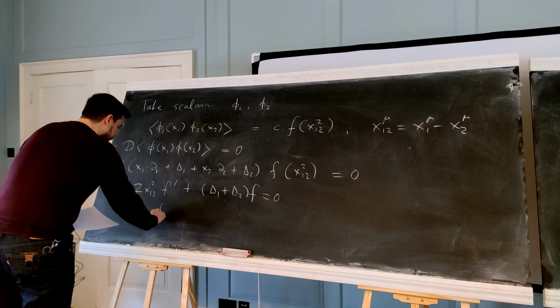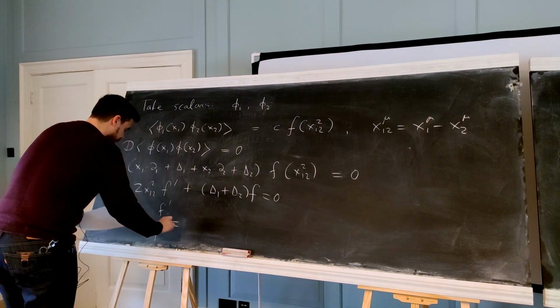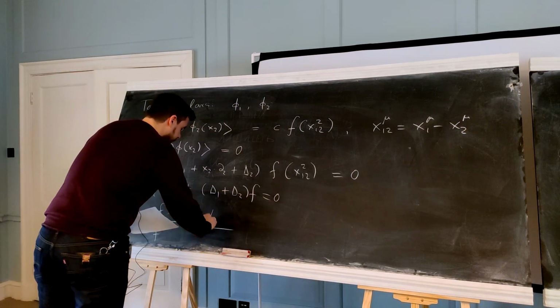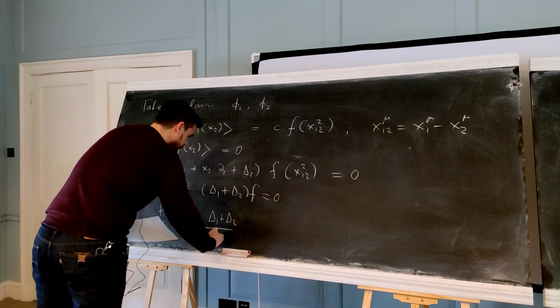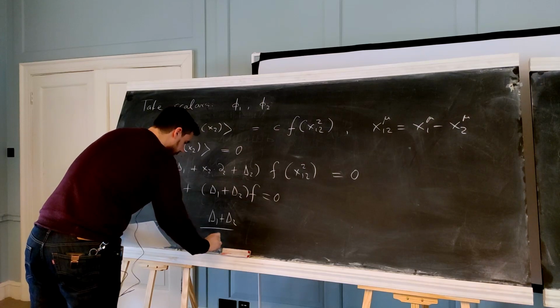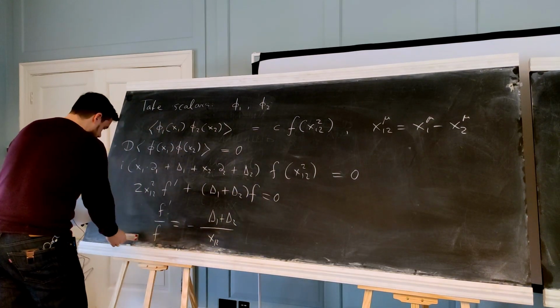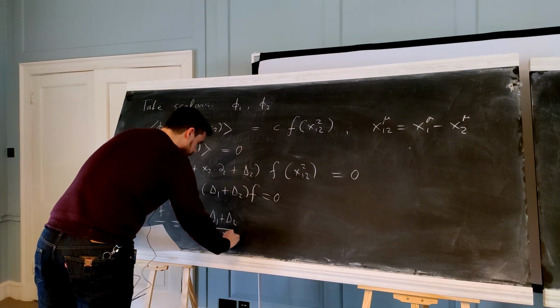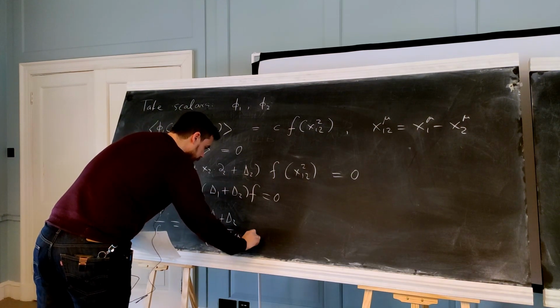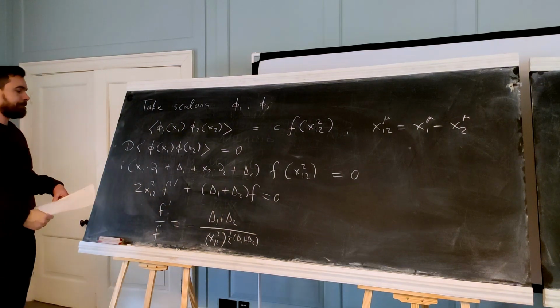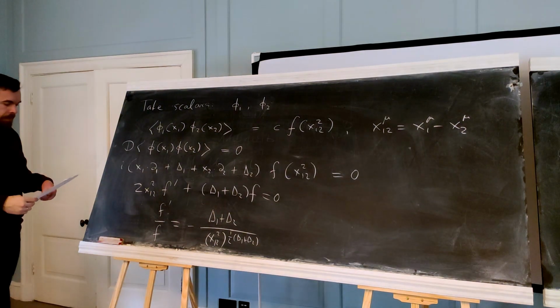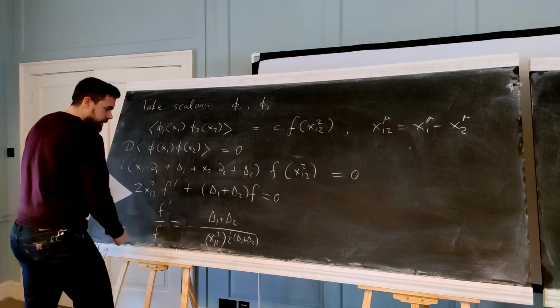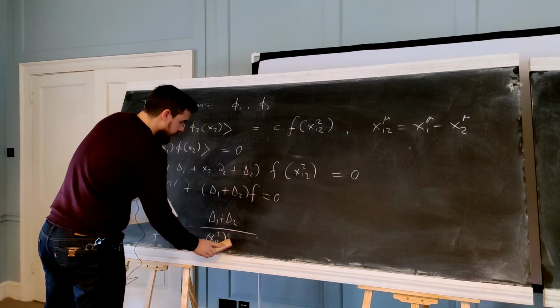So you basically get that f prime over f is equal to minus delta 1 plus delta 2 over x12 squared, to the 1/2 delta 1 plus delta 2. Sorry. No, that's the final answer. Over x12 squared.